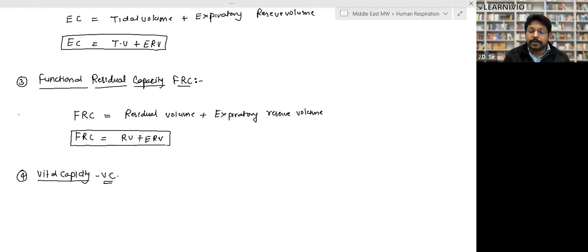So vital capacity is the maximum amount of air which a person can inspire or expire, the maximum amount of air the lungs can hold.